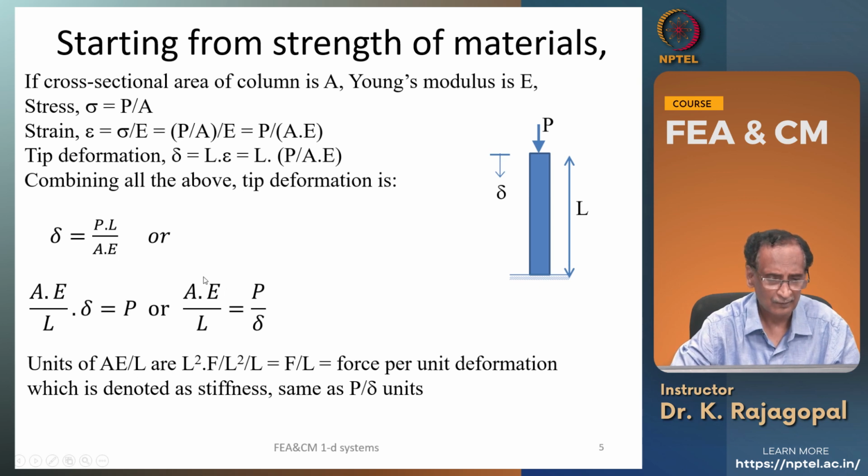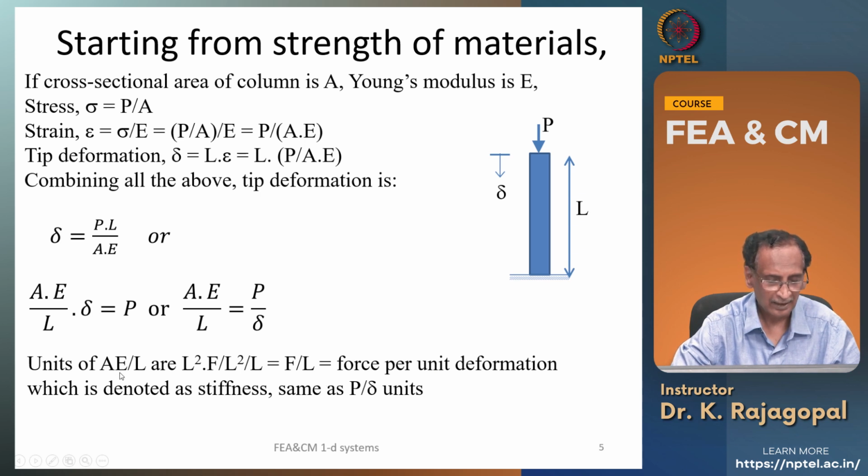The units of this product AE by L: A has the units of area, L square, E is the force per unit area, the stress, F by L square, and the whole thing is divided by L. So, that is in the units of F by L, that is the force per unit deformation.